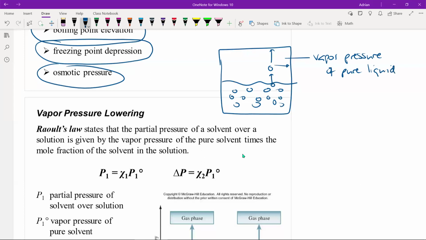So what happens if you have a solution now, which means that in addition to the liquid or the solvent, there might be some other particles in here, like the solute particles. That has an influence on the vapor pressure now. So the orange things here are solute particles.